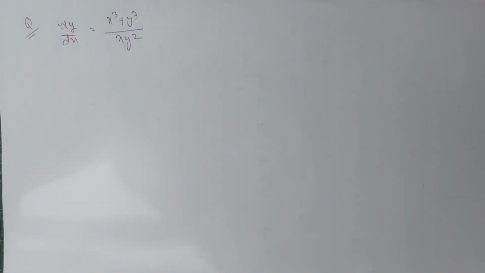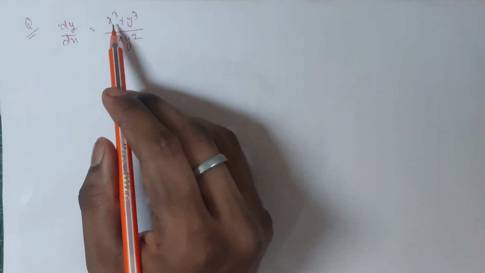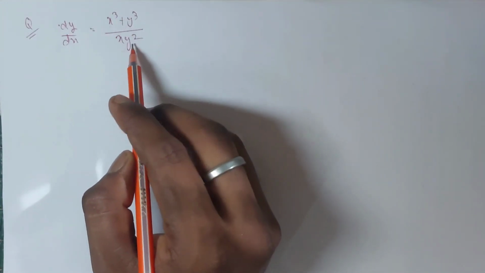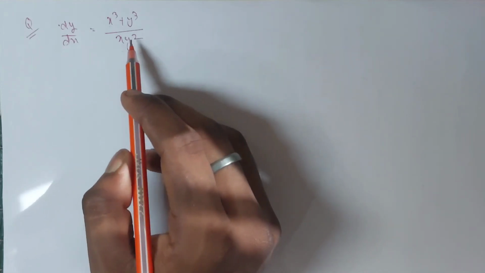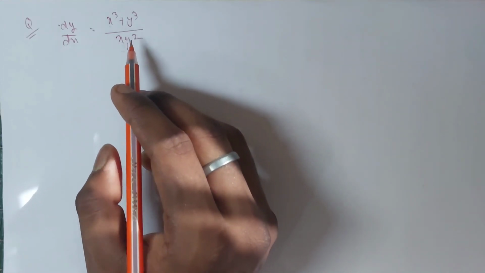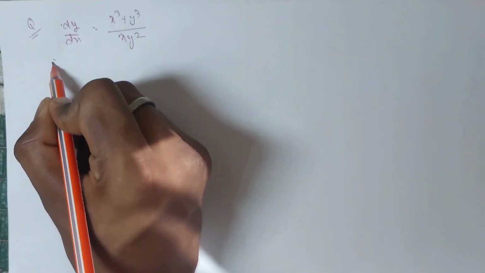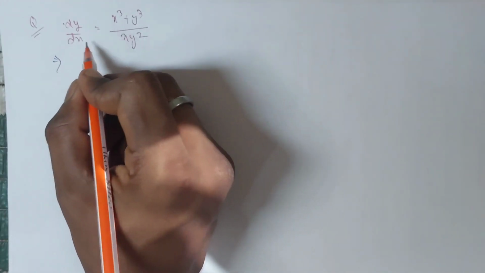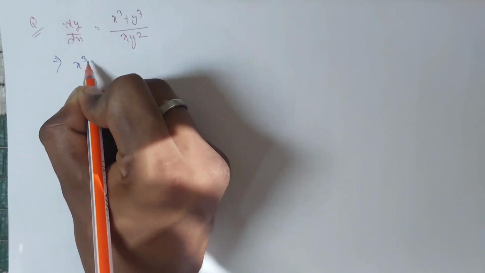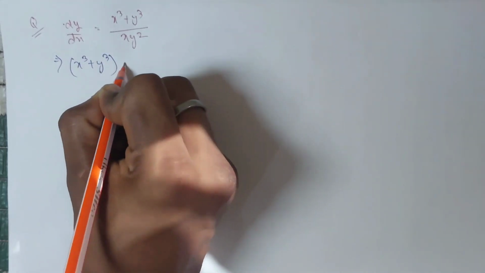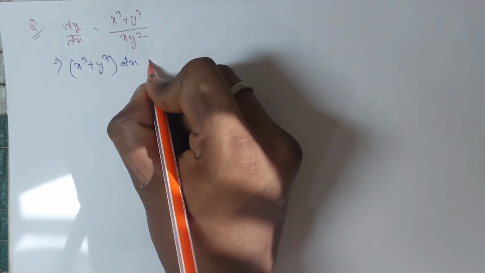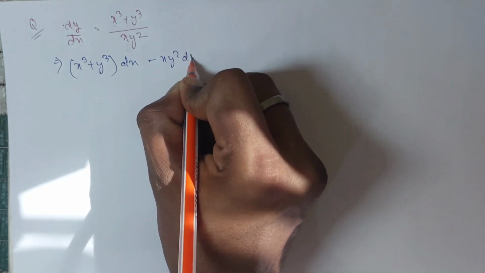Here you can see that this is a homogeneous differential equation, as the upper side has power 3 and the lower side has all terms with power 3. So this is a homogeneous differential equation, but now we solve it by exact differential equation form. If we multiply it like this, we get (x cube plus y cube) dx minus xy square dy.